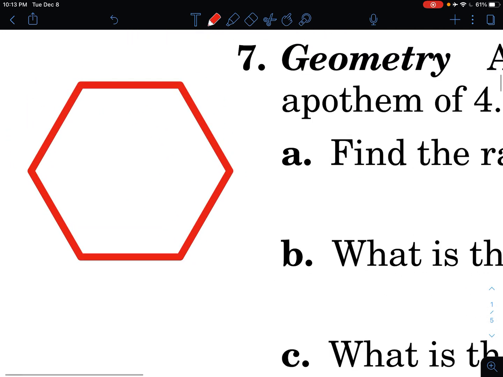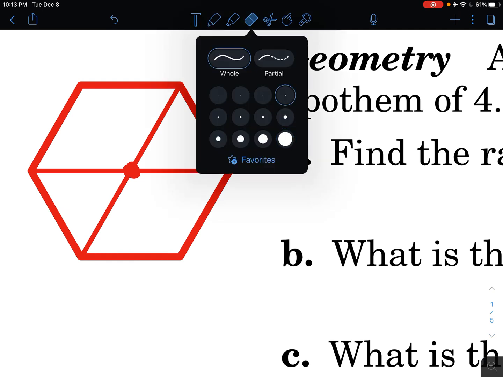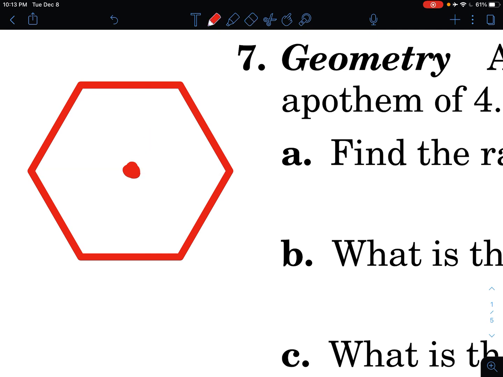Your radius is going to be the distance from the center to the vertex. But it tells us the apothem. So this would be your radius. This would be your apothem. It's your perpendicular from the side to the center of your shape.